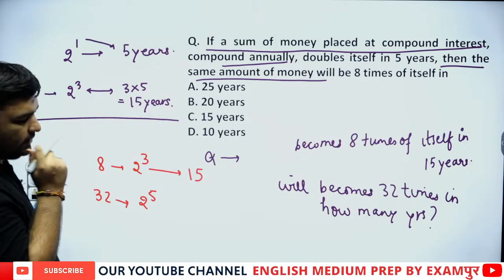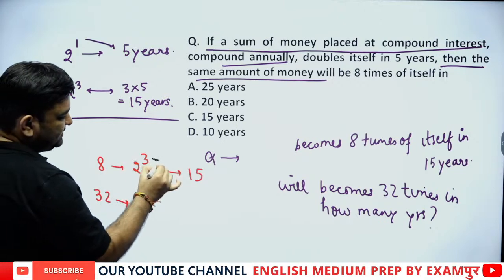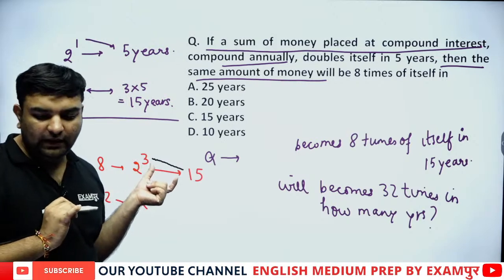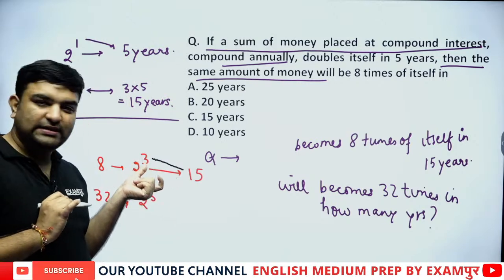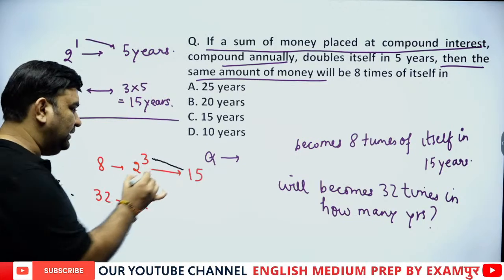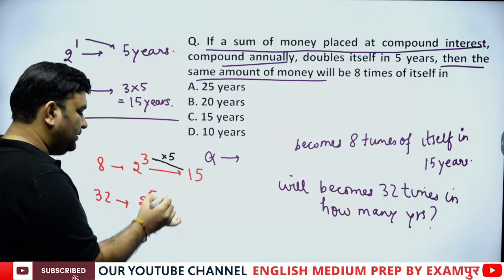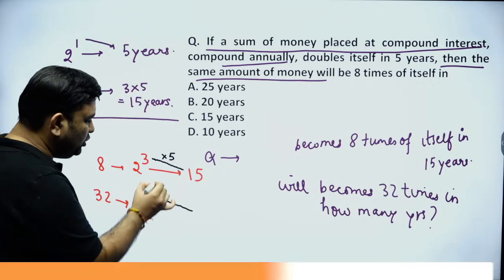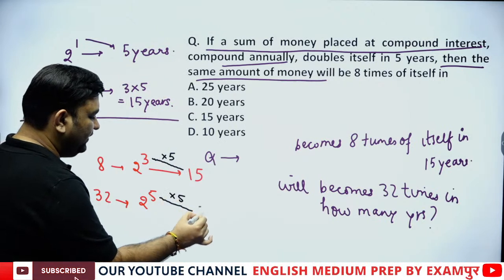So if power 3 is in 15 years, 3 into 5 is 15, then power 5 is going to be in 5 into 5, 25 years.